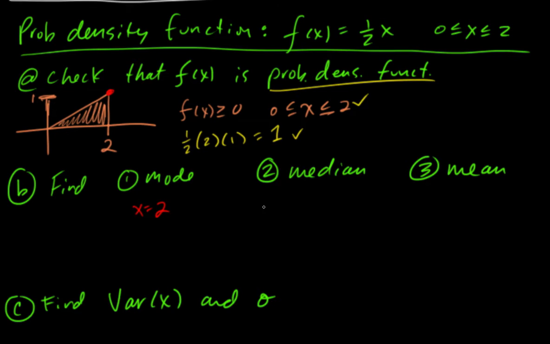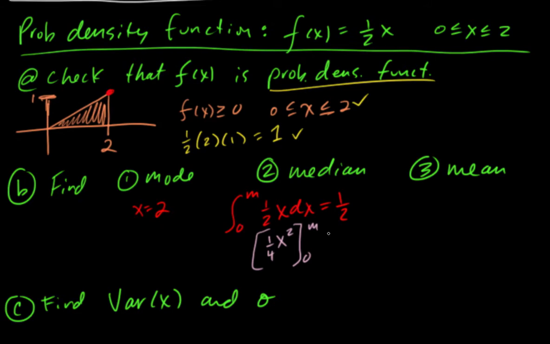So we go from 0 to m, and then we plug in our function, and we want that to equal 1/2. Okay, so we take the antiderivative, it's x squared, we divide by 2, so the 1/2 becomes 1/4.